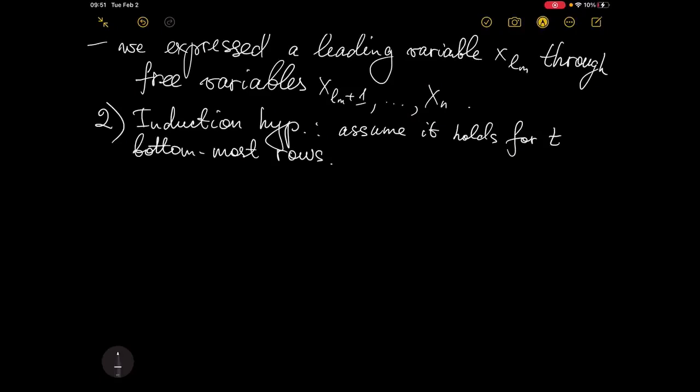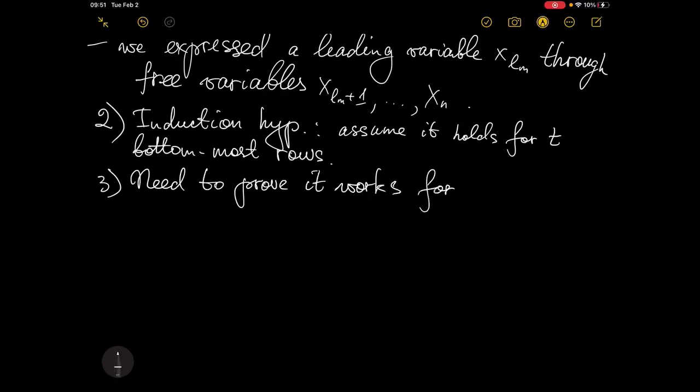So now we need to prove that it works for t plus 1 bottommost. Okay.